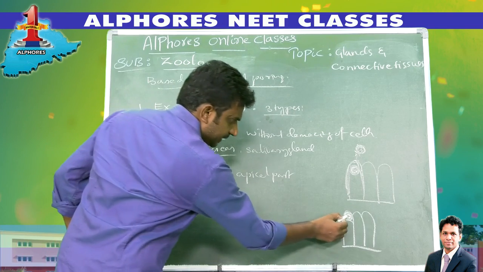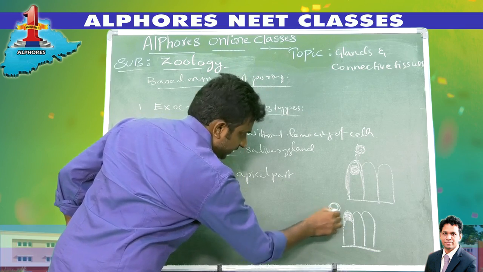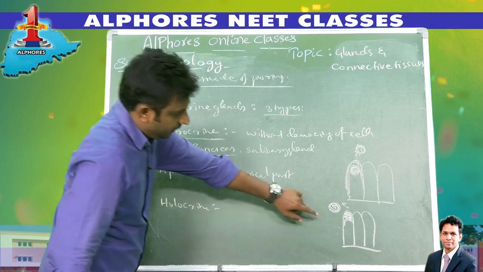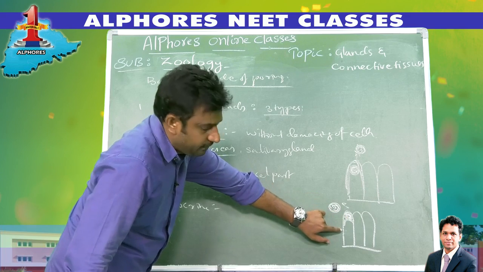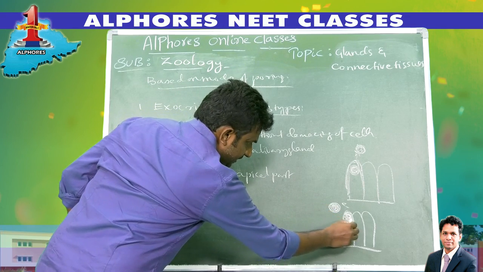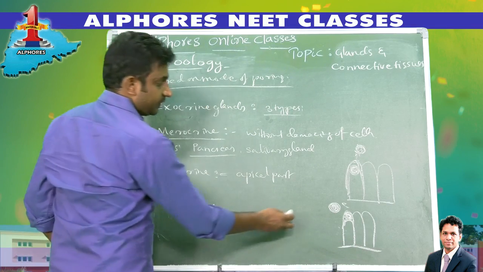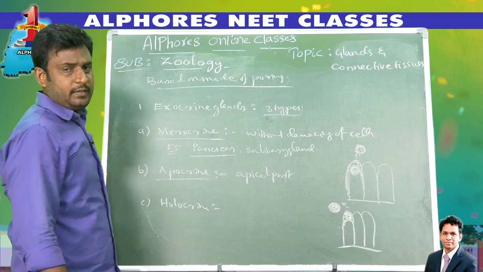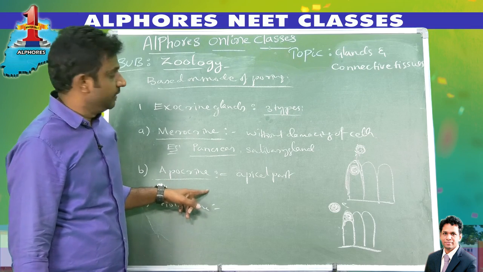The secretory material is stored in the apical part, and this apical part is pinched off, cut off or budded off from the cell, releasing the secretory material. That means a part of the cell is damaged for releasing the secretory material. This type of gland is called an apocrine gland.